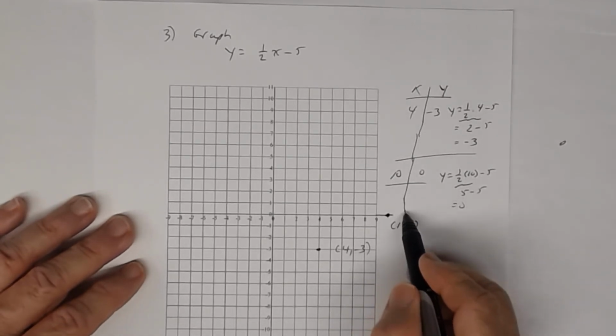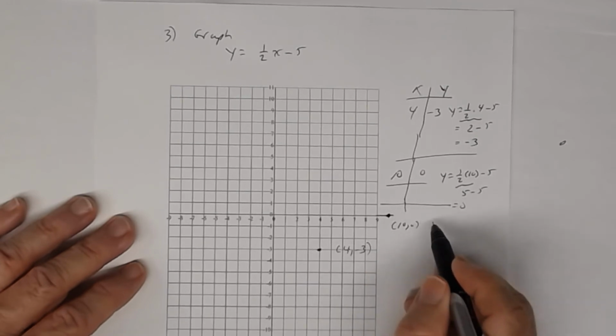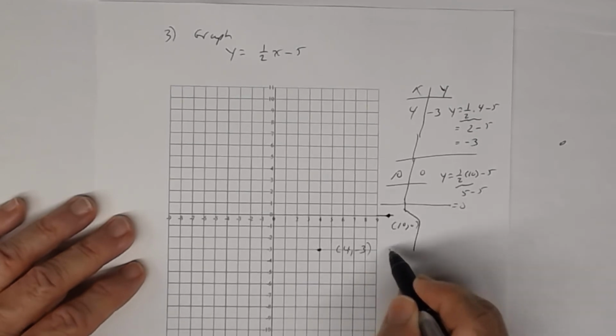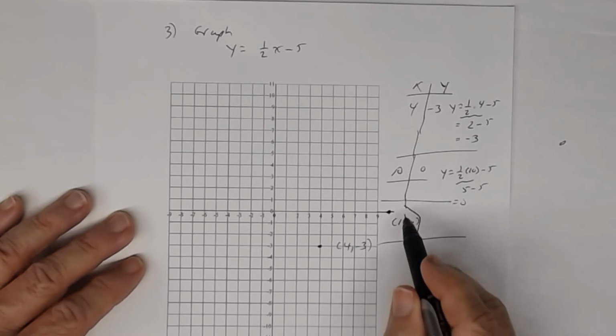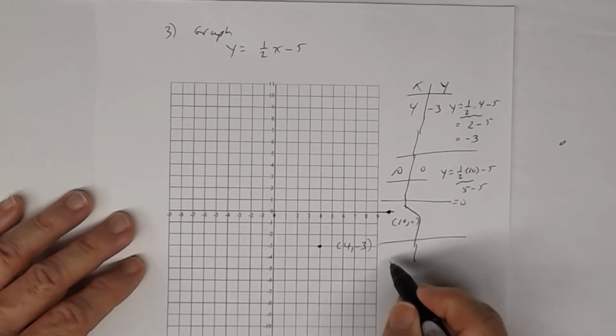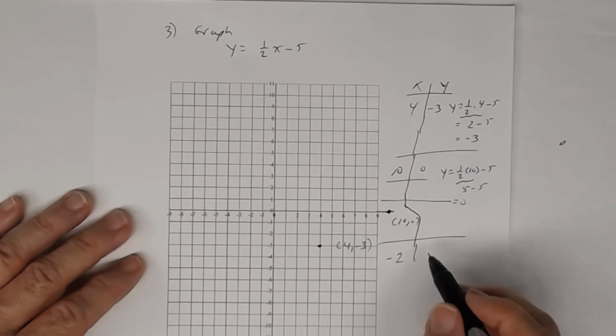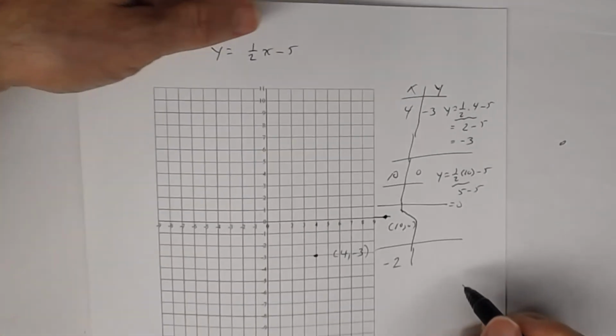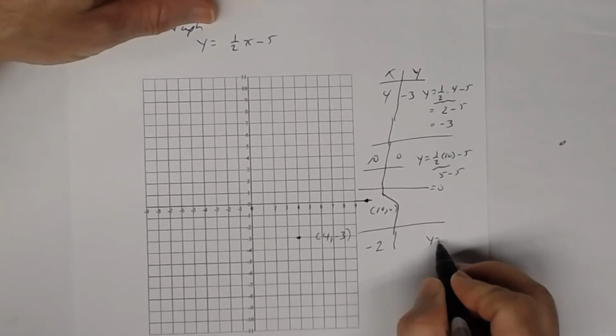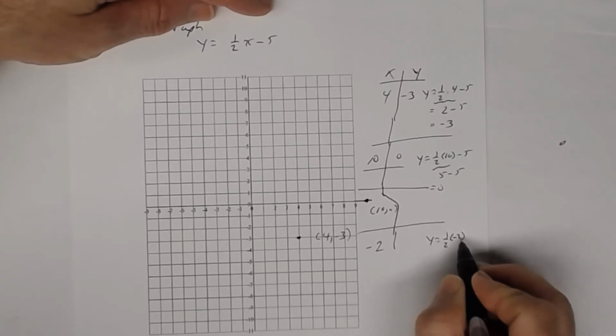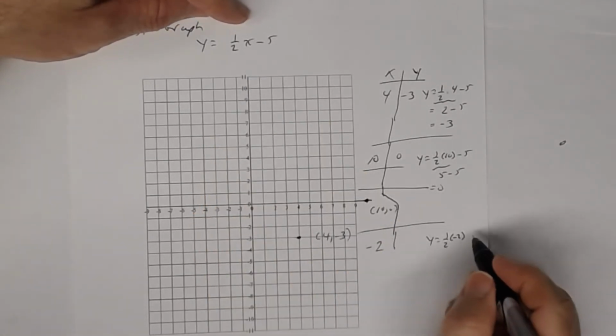Okay, so let me extend this further. All right, so let's go ahead and let x be, let's say, negative 2. Let's use a negative just to show you what to do. So if x is negative 2, I have y equals 1/2 of negative 2 minus 5.